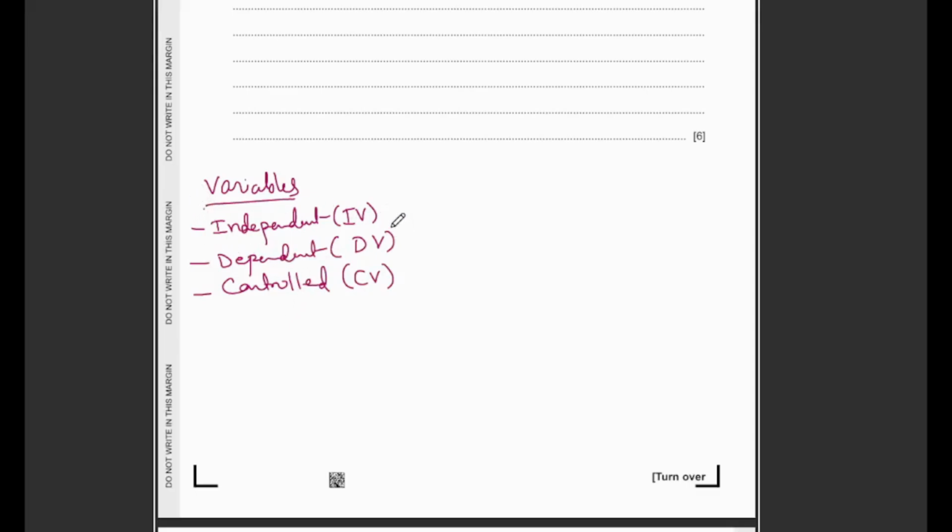Now, first thing, what do you mean by variables? This is one thing that we will clarify now. Second one, what to write after the variable. Once we have done with the variable, the next thing that comes is method, or we write procedure, how you proceed with the experiment. Now R stands for reliability, and S stands for your safety.